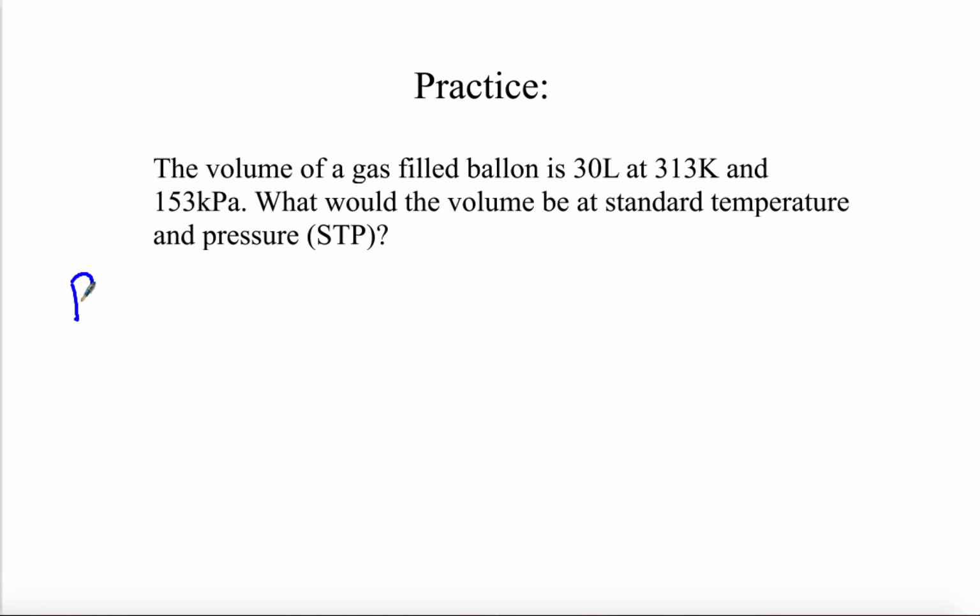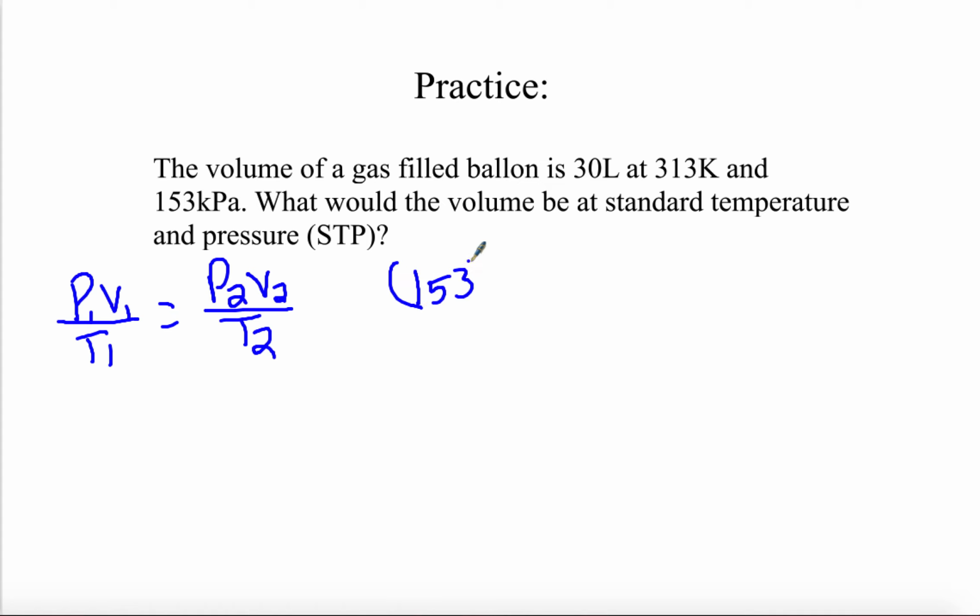So our combined gas law is P1 V1 over T1 equals P2 V2 over T2. We have our initial pressure, volume, and temperature: a pressure of 153, an initial volume of 30, and an initial temperature of 313.